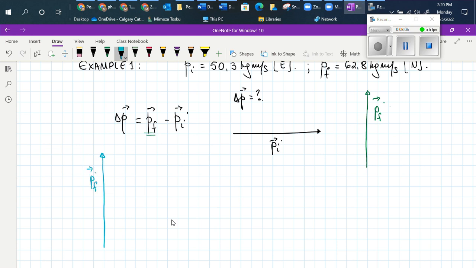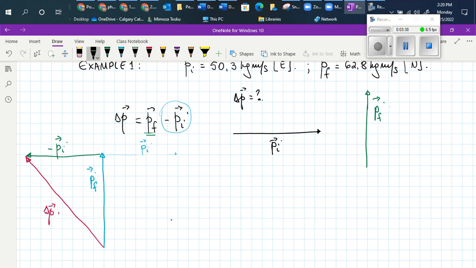Now, if we were doing P initial, then we would go in this direction. This will be P initial. However, since we have negative P initial, we go in the other direction. So this will be negative P initial, which tells us that the change of momentum will be this vector here. Okay, so this is graphical.